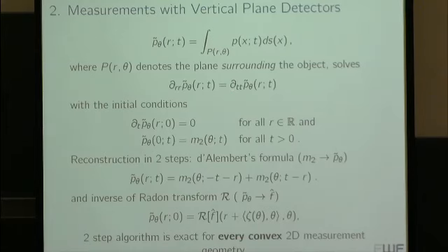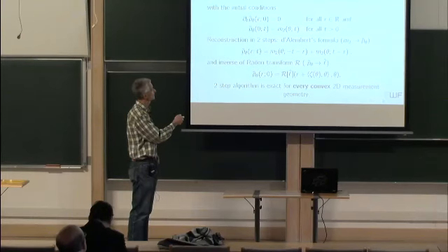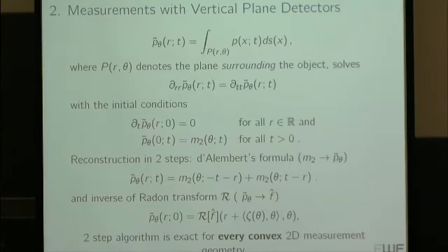So the average satisfies a one-dimensional wave equation for each component theta, which is the plane, and for each radial component, which is then considered a variable. So you average over all planes, and this satisfies a wave equation with time and a radial component. It's the same trick as before, not integrating along lines, but instead integrating along planes.